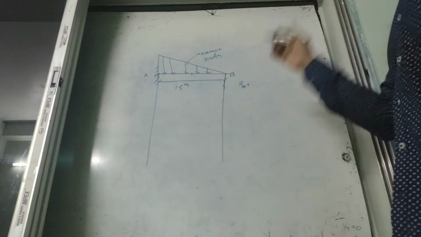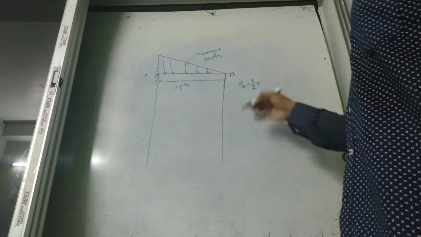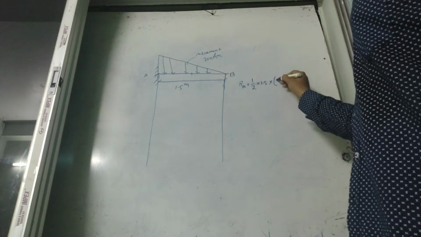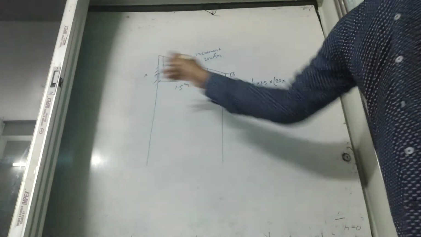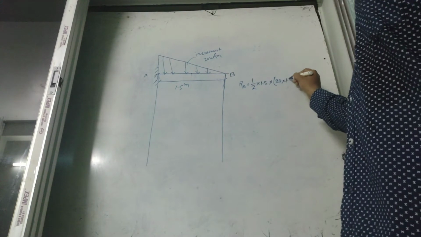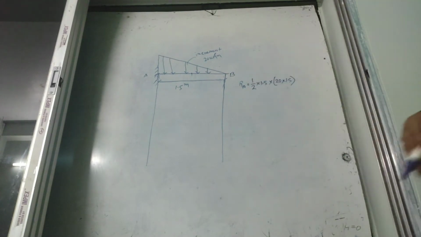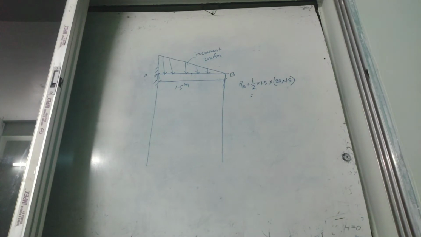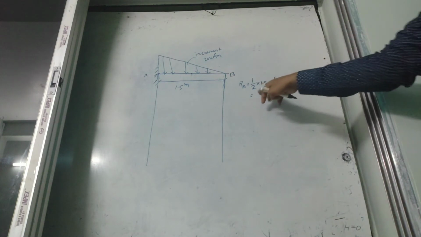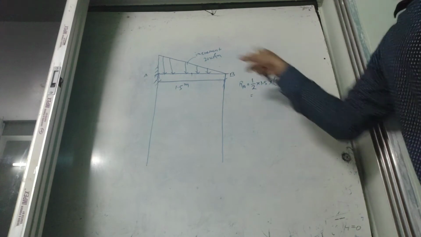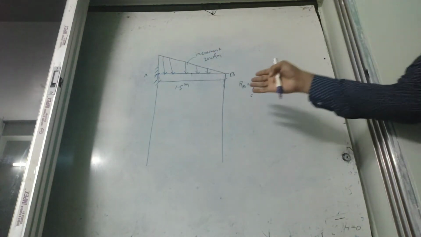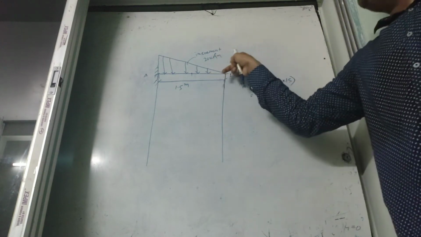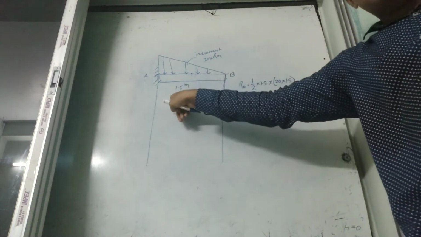What comes? Half into base into height, 20 kN per meter is the increment, so multiply with the 1.5 meter, because this will give us the total shear force. Half into base into height will not be 20, because we don't know if at 1.5 meter it will be 20 or not, because it is given 20 kN per meter, but the length is 1.5 meter.